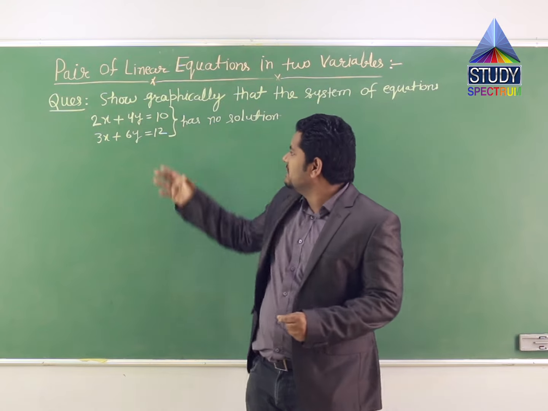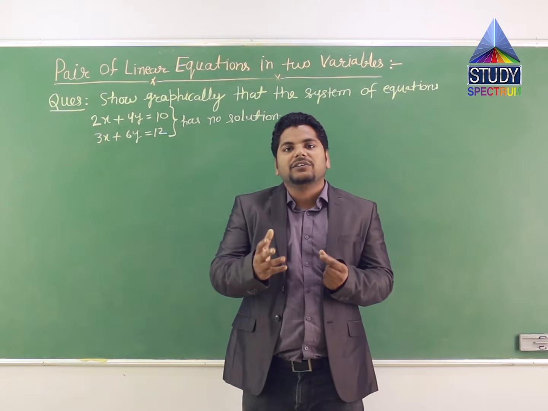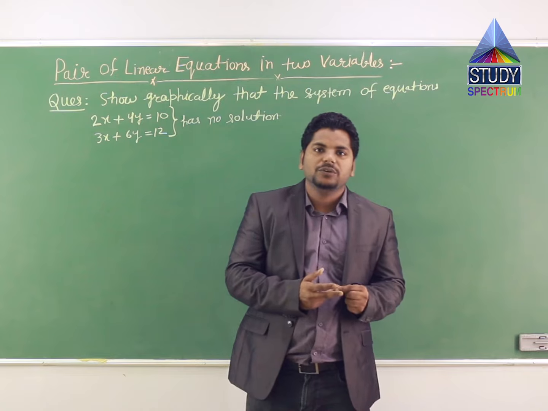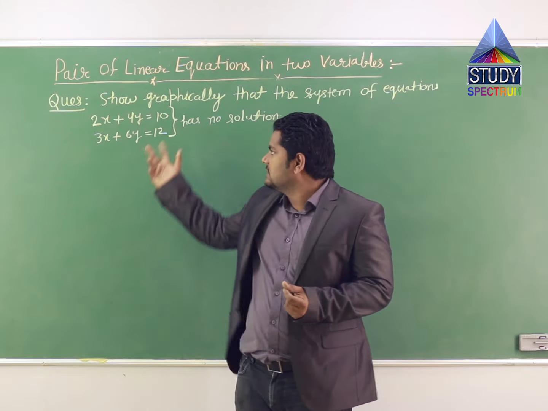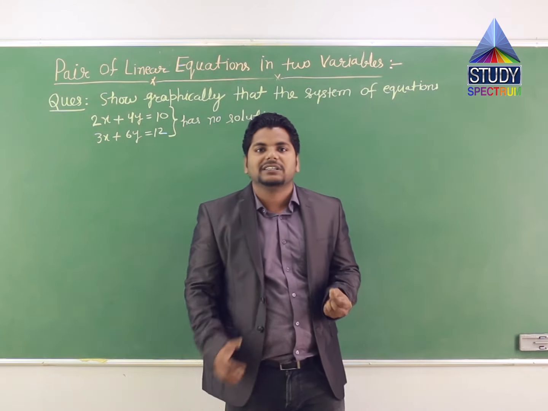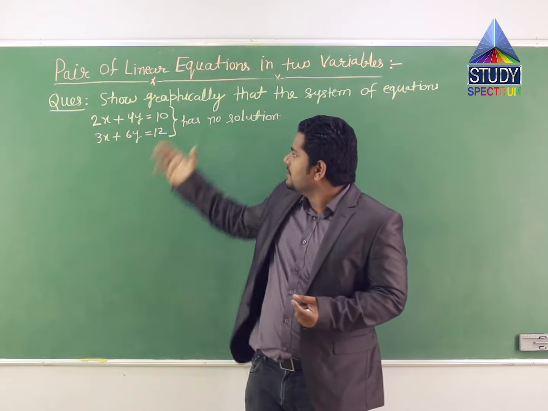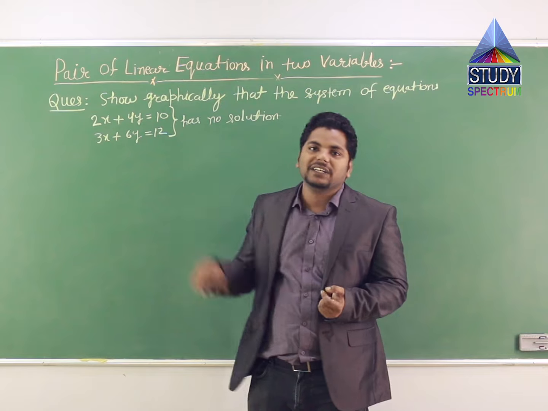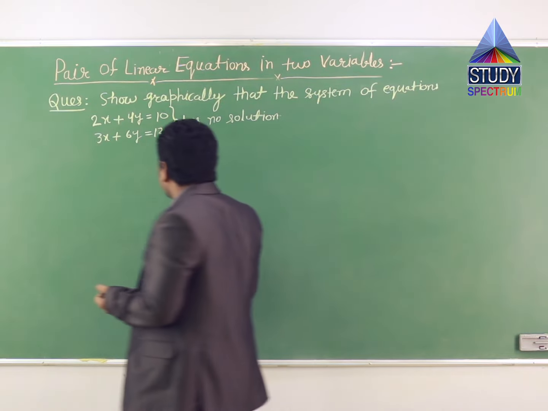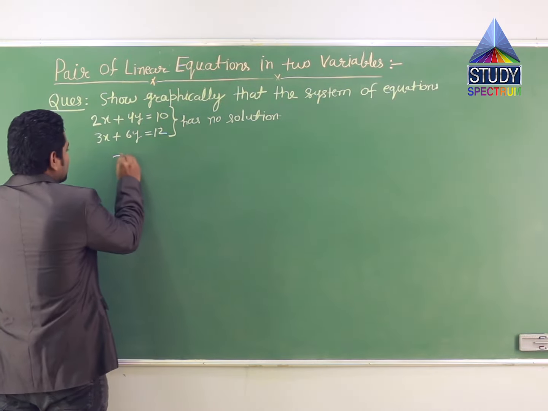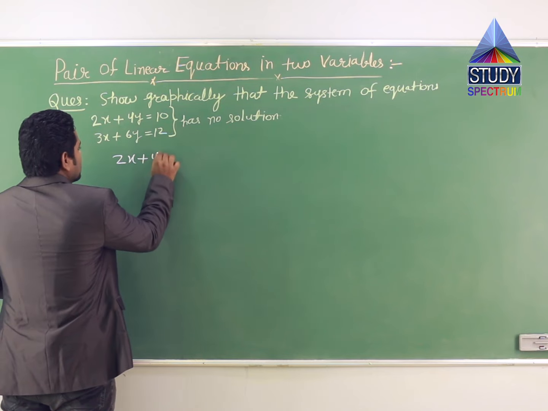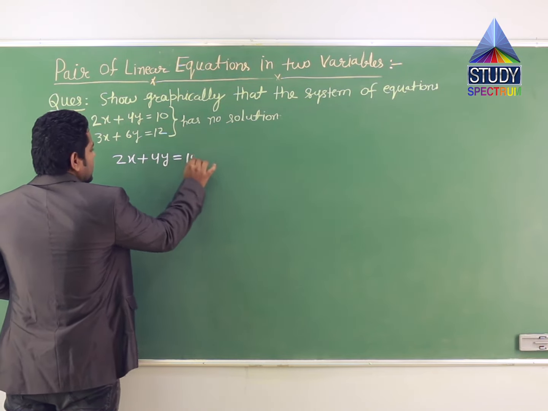We have already done earlier, by the ratio of respective coefficients, how to determine whether a given pair of linear equations is parallel, intersecting or coincident, but in this question we have to show it graphically. So the first line is 2x plus 4y equal to 10.